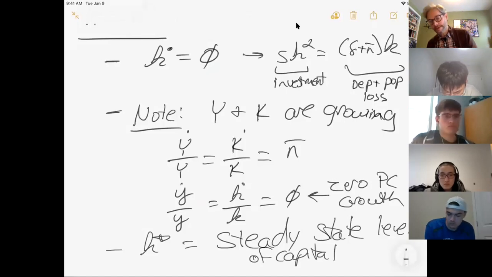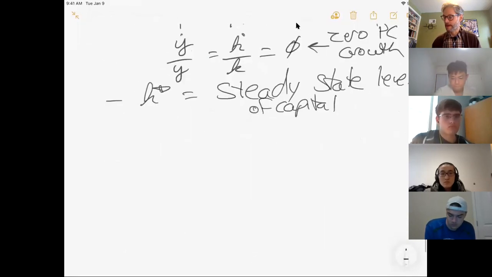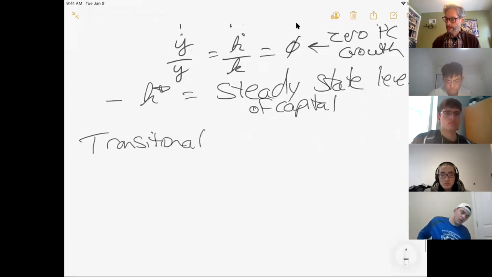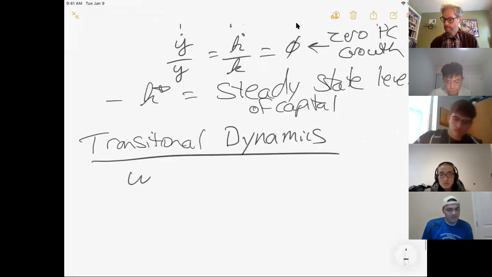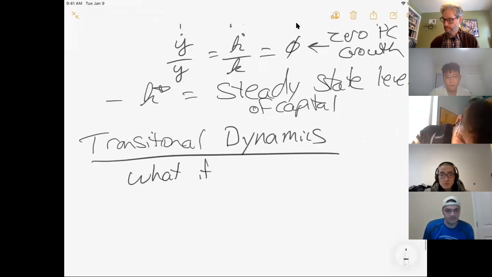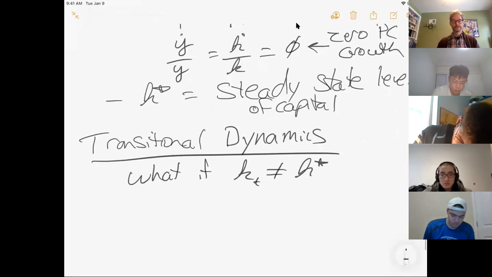But that's only, I think, part of what this model is telling us, because maybe the more interesting part of what this model is telling us is what happens if we're not in the steady state. For instance, what happens if we're at a K, a level of capital to labor that is not in the steady state?